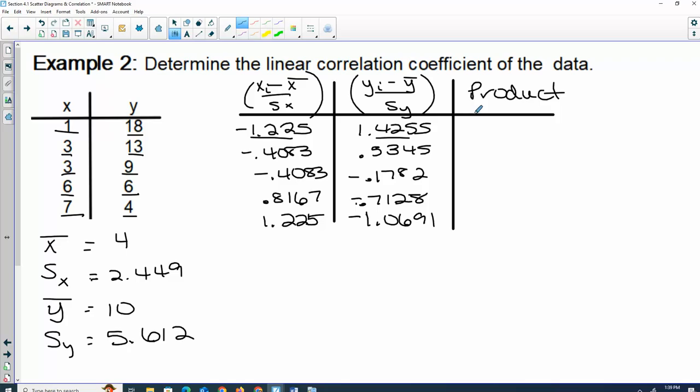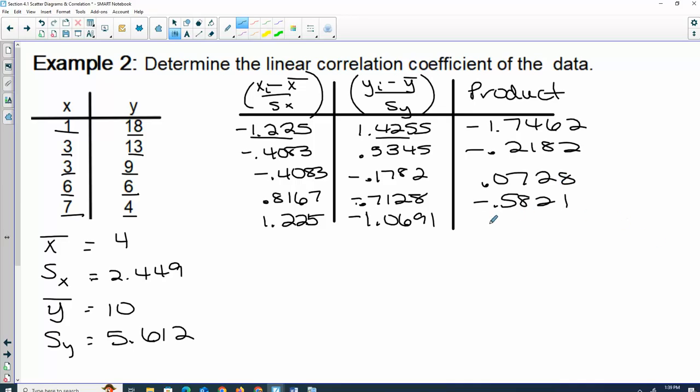So we get -1.7462, -0.2182, -0.728, -0.5821, and -1.3096.